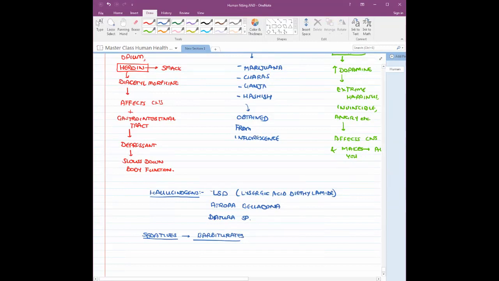Your Atropa belladonna, that is also going to come out. Datura is also going to come in that sedatives. So those are going to be in that case, guys. Okay, but now let's try to move ahead. So guys, this is what we need to know with regards to your drugs and where they are going to be obtained from. Okay, but once again, just have a look if everybody is okay with this.